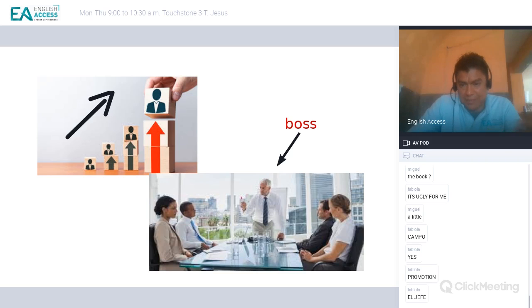Okay? Yes, the boss. That's what it is. Now, when you are a low-level employee, a normal employee, and then you're a supervisor, and then you're a manager, and then you're more. This effect of growing in your job is promotion. Okay?